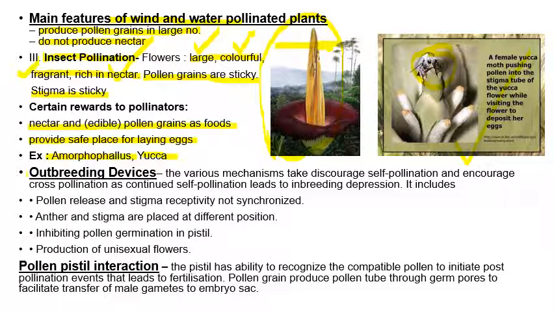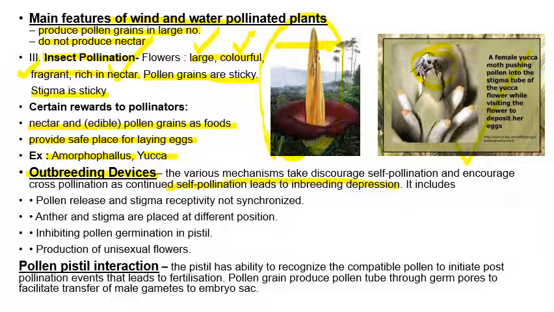Now we'll discuss a very important topic, that is outbreeding devices. As we know, there are self-pollination and cross-pollination. If any plant continues self-pollination, it may lead to inbreeding depression. Inbreeding depression means that for many generations, if they are doing self-pollination, then they may not develop variation.